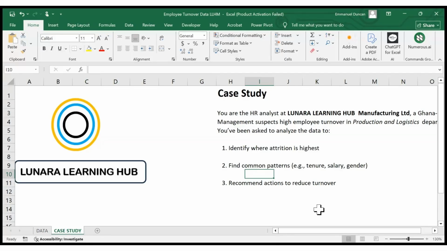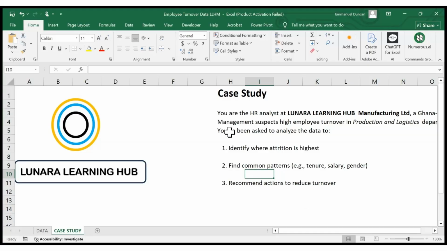In our various workplaces, most of us have access to Excel, and it is also known that Microsoft Excel is the most widely used software across the globe. So if you are an aspiring analyst, be it HR or business analyst, you can always start with Excel. Let's quickly go through our case study now.